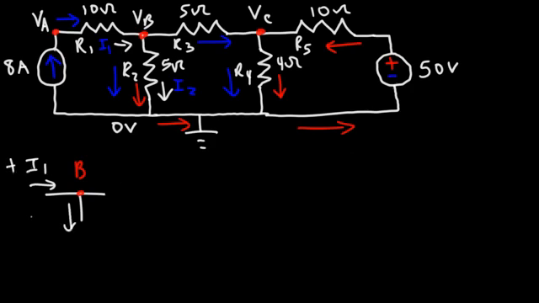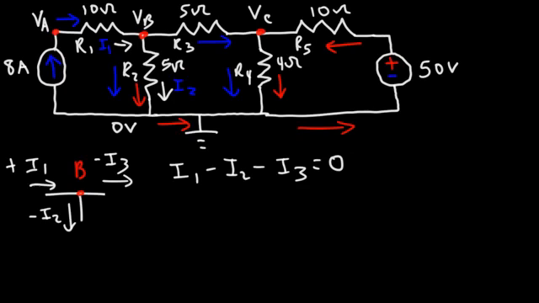Current 2 is flowing away from it, so we're going to give it a negative value. And I3, that's flowing through resistor 3, that's flowing away from point B. So we're going to give that a negative value. So the equation that we have is positive I1 minus I2 minus I3 equals 0.